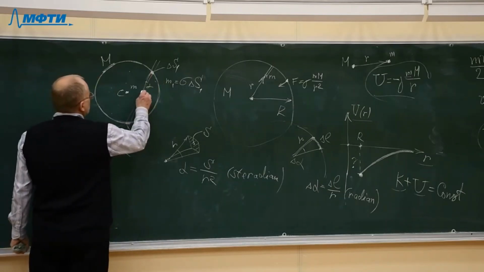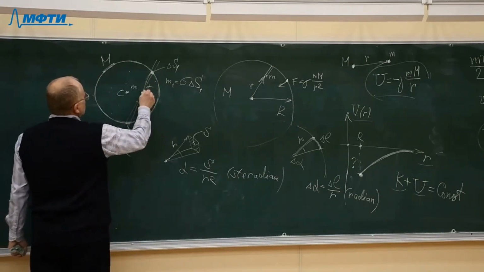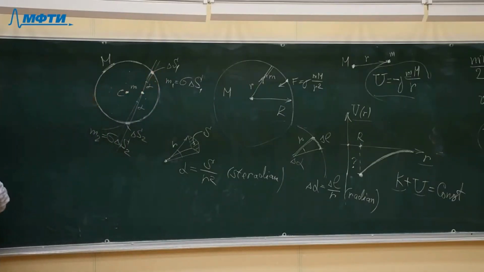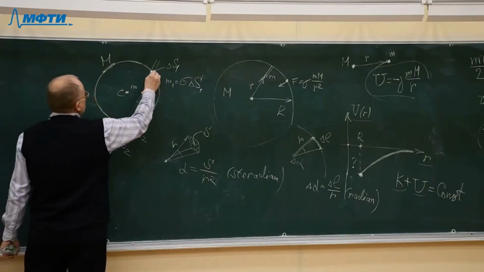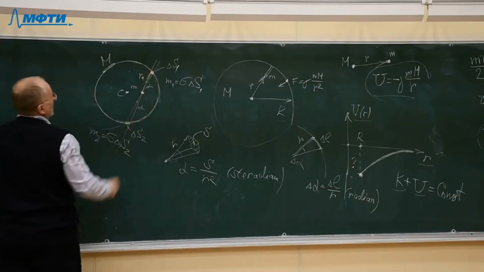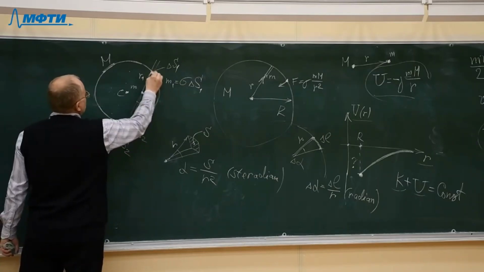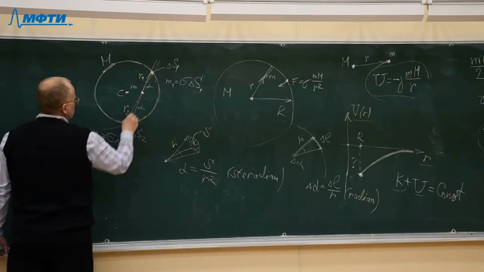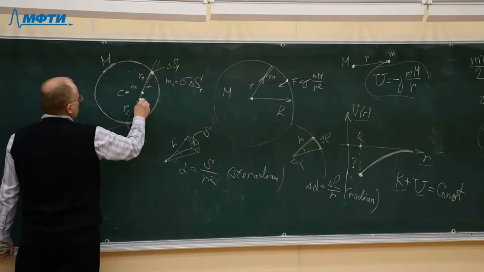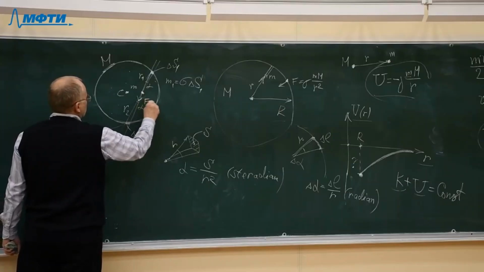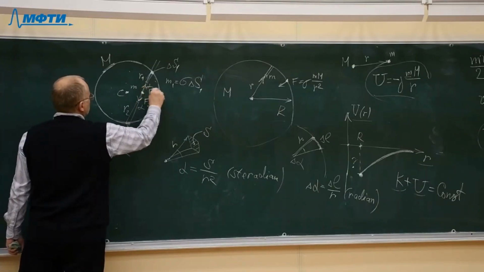So this mass m will experience an attraction to these masses due to the forces of universal gravitation. That will be the distance r1 between the chosen mass and the surface area here, and the distance r2 between this mass and this surface area, and again another force F2 will be directed here, and force F1 will be directed here.